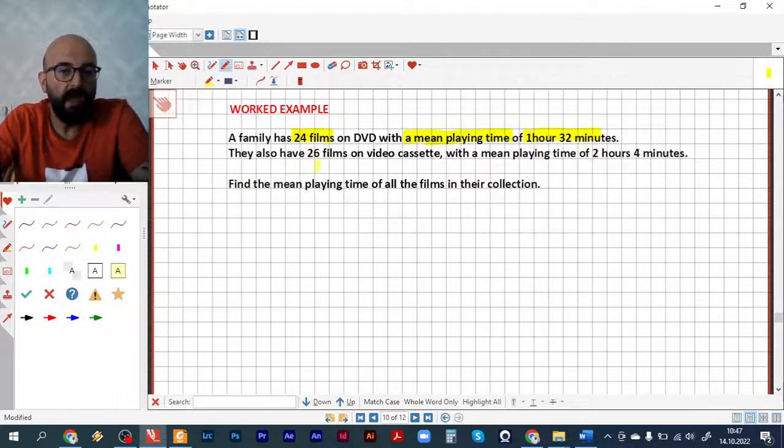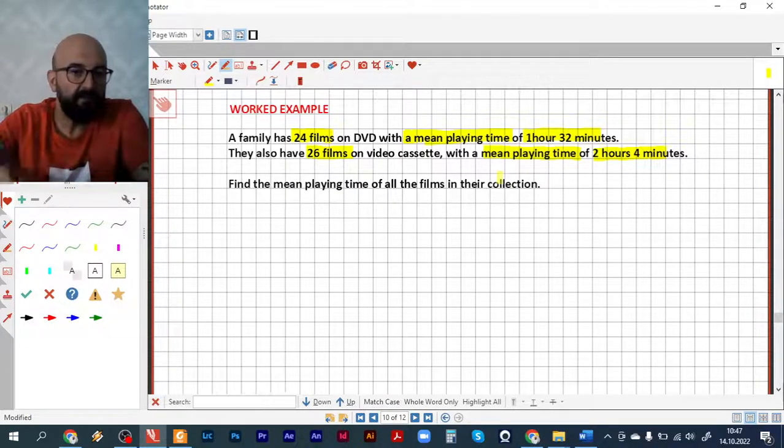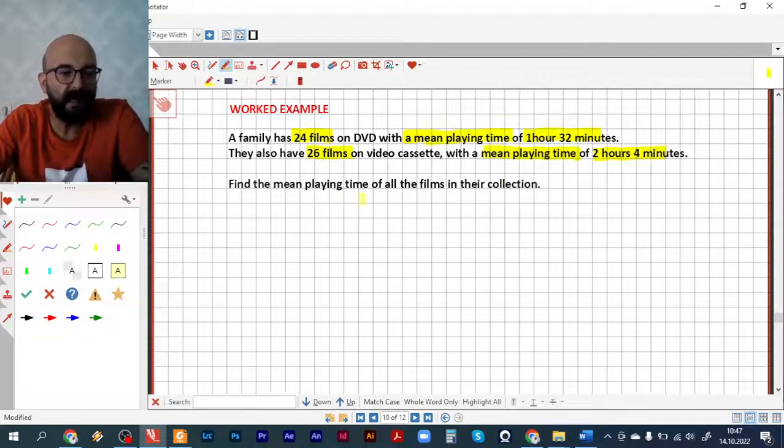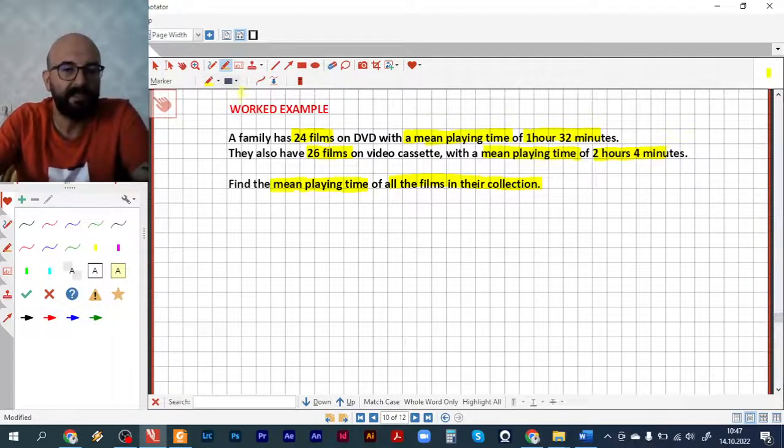They also have 26 films on video cassette with a mean playing time of 2 hours 4 minutes. Find the mean playing time of all the films in their collection.